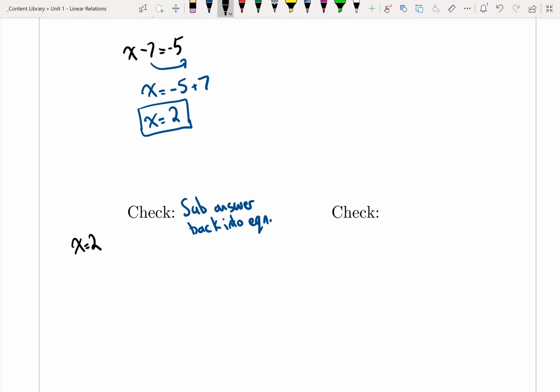I know my original equation was x minus 7 equals negative 5. I'm going to plug it back in, so instead of x, I'm going to replace it with 2. 2 minus 7 equals negative 5, which does in fact equal negative 5. So left side equals right side, negative 5 equals negative 5. That means my answer is correct.